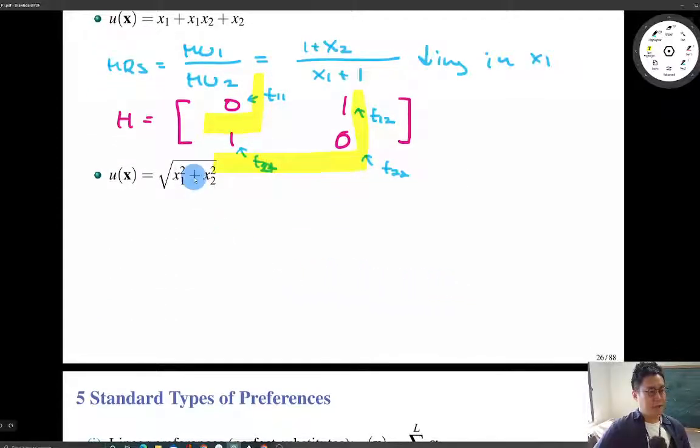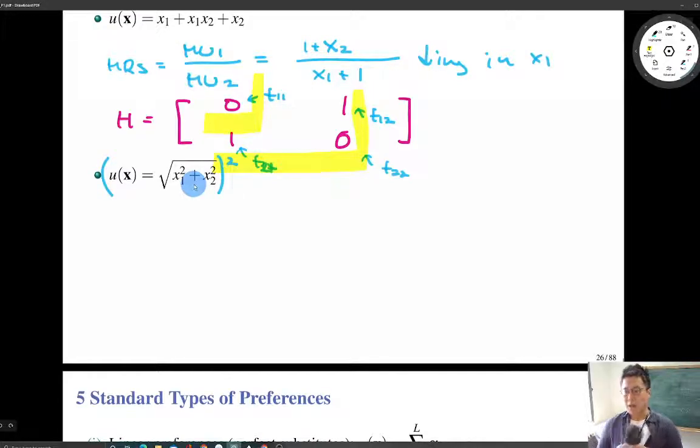All right, and for this one, this is slightly complicated, but we can first make use of the fact that representation has an ordinal property, right? So any monotone transformation also represents the same preference relation. So we can start with scaling up.